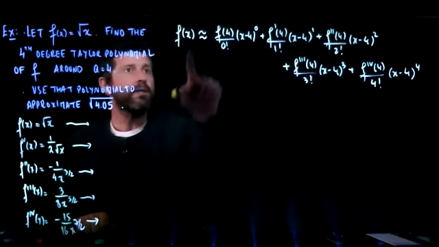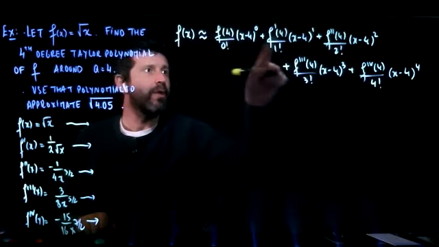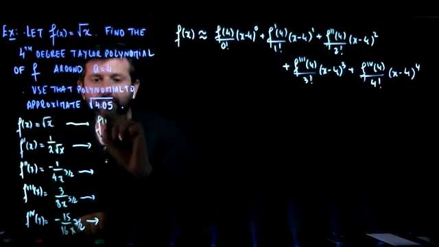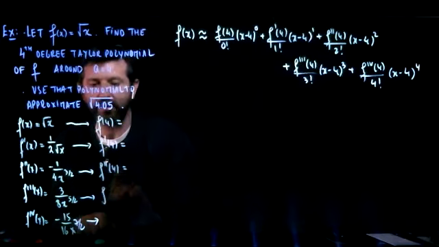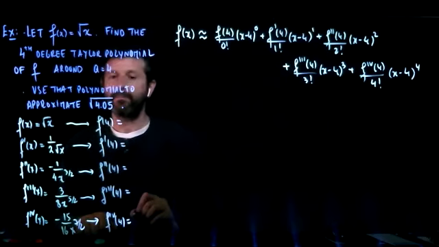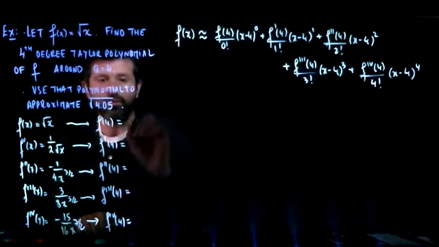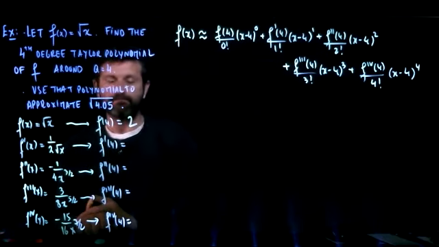Okay, so what do I need? I need all these evaluated at 4. So let's go. F of 4, f prime of 4, f double prime of 4, f triple prime of 4, and the 4th derivative of 4. F of 4: square root of 4 is 2. That's easy.